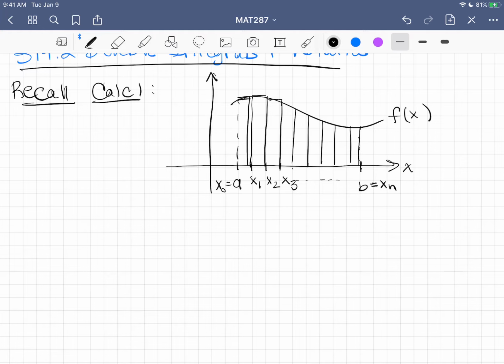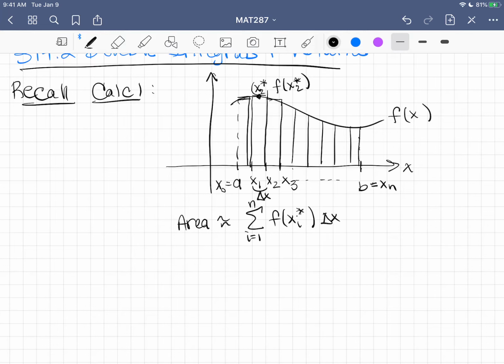So say we calculated the area as approximately the sum from i equals 1 to n of f of xi star times delta x, where delta x is the width of your partition, the width between points in your partition. Xi star was just a point that you chose to determine your height. So this would be x2 star comma f of x2 star.